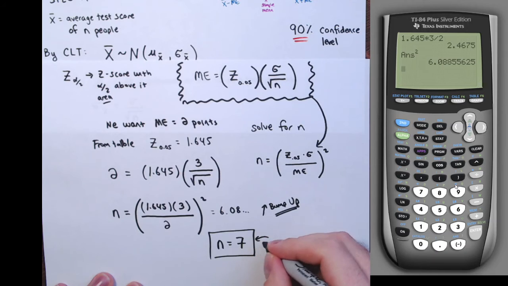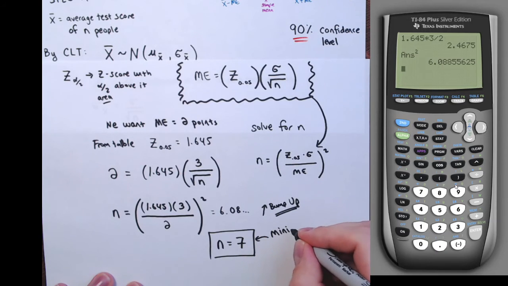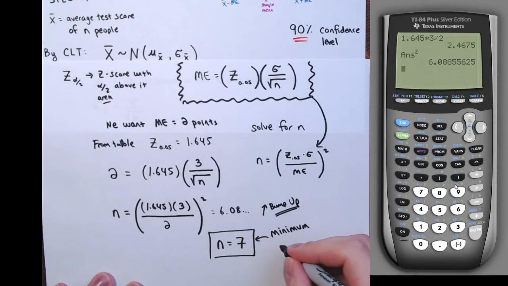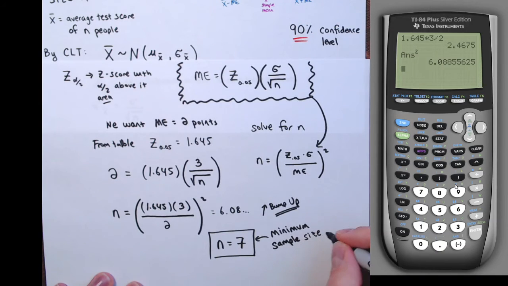So this is the minimum sample size needed to ensure a margin of error of 2 or less in my 90% confidence interval.